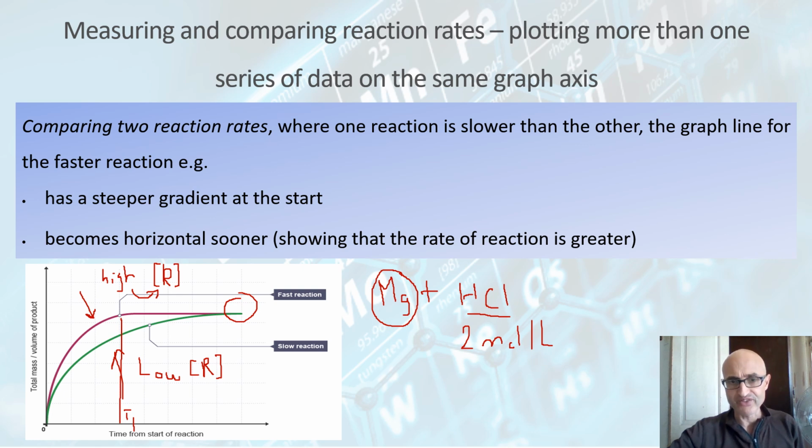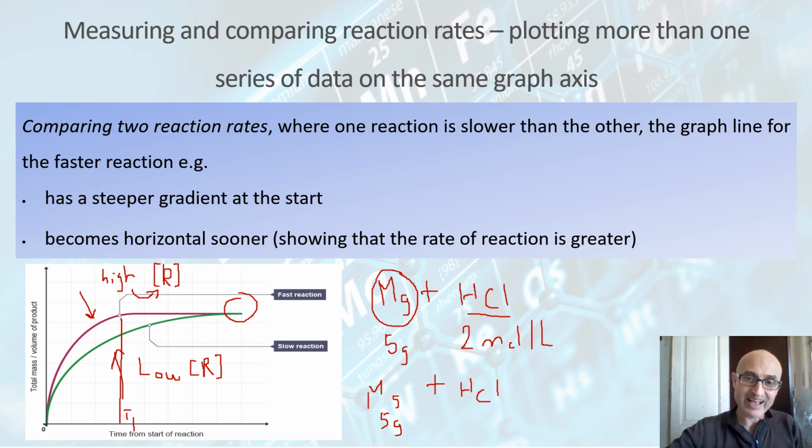And let's give it a number. Let's say that we had, for argument's sake, 5 grams of magnesium available. Now, the green curve is obtained by once again reacting 5 grams of magnesium, but instead of doing it with 2 moles per liter of hydrochloric acid, I would do it with, for example, 1 mole per liter of hydrochloric acid.